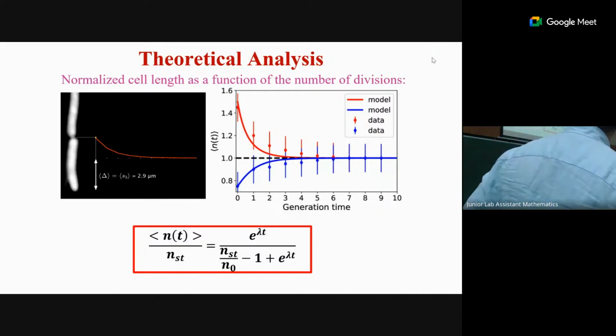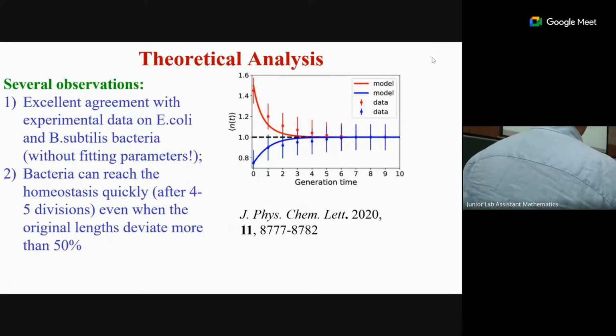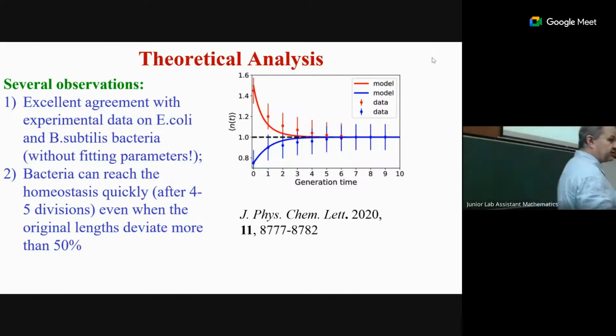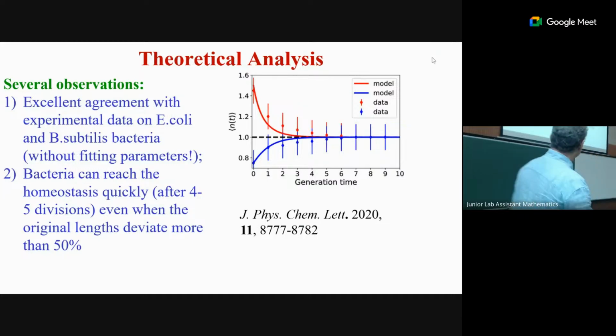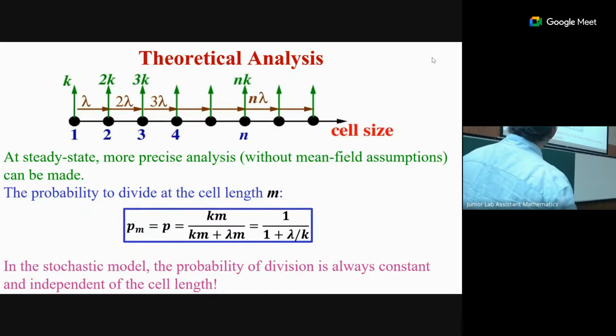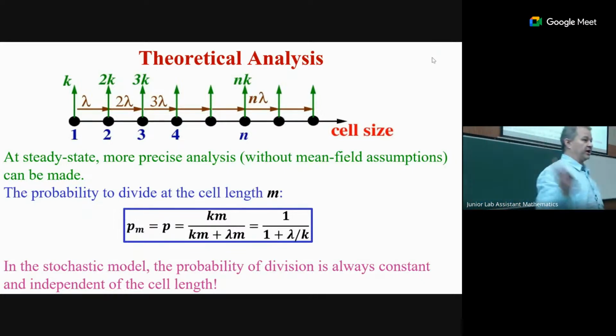And this also shows that bacteria can reach these homeostasis conditions very quickly, even if originally deviating quite strongly. So this shows you why the system very quickly goes to a very narrow distribution in this picture. Okay, good. So that was the mean field behavior.